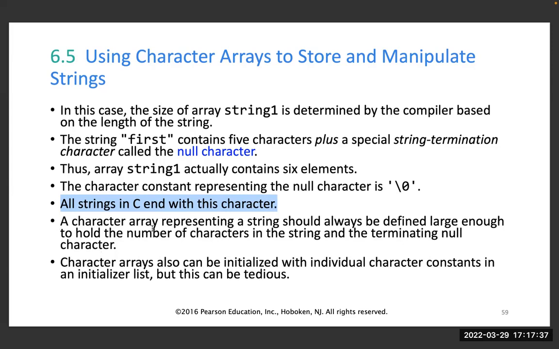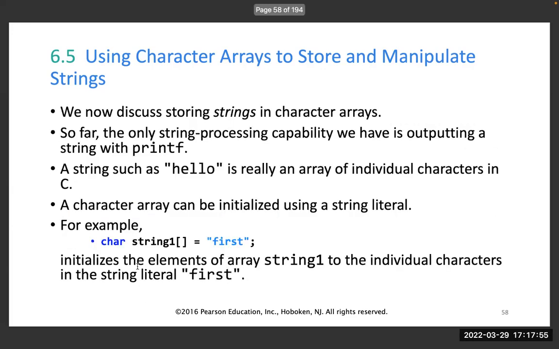A character array representing a string should always be defined large enough to hold the number of characters in the string and also the terminating null character. This is also the reason why we didn't put a number here. If we just learn the C language at the beginning, we usually put 5 in this space, because first has just 5 characters.